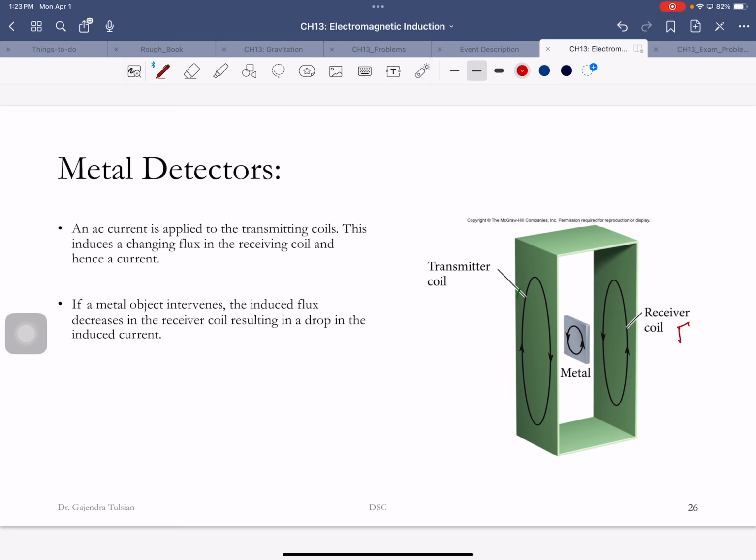The Beachcombers one probably works like this. Here's an AC current, here's the receiving coil, and if the metal is outside, again, it's producing an opposing field, which reduces the magnetic field in the sensing coil. It doesn't matter whether it's inside or outside, except that this is much more sensitive than the airport one.